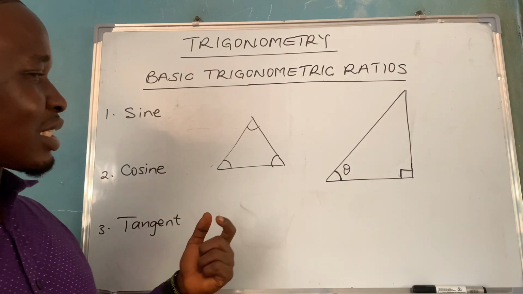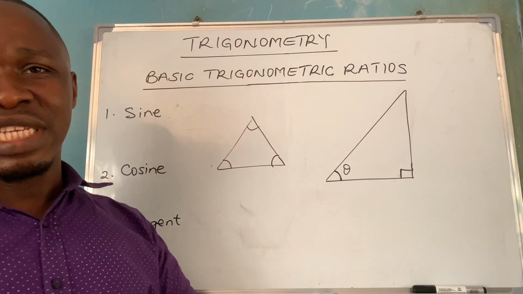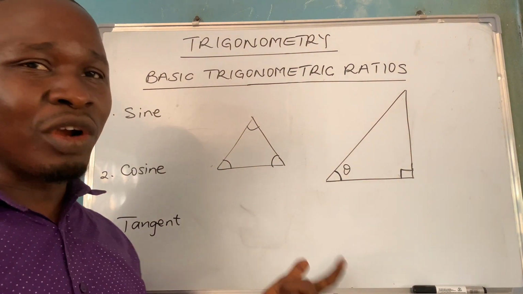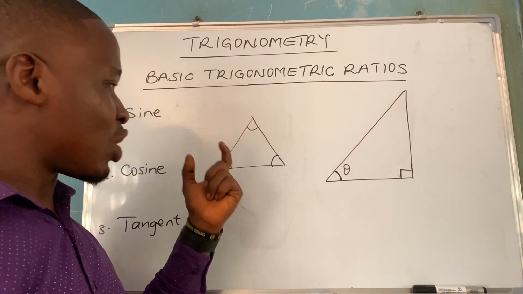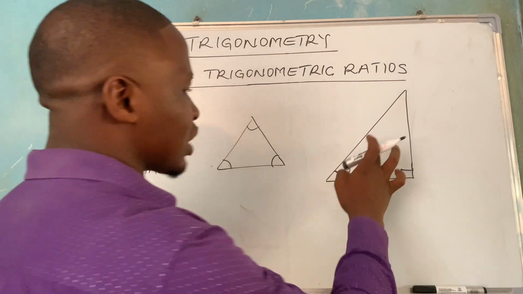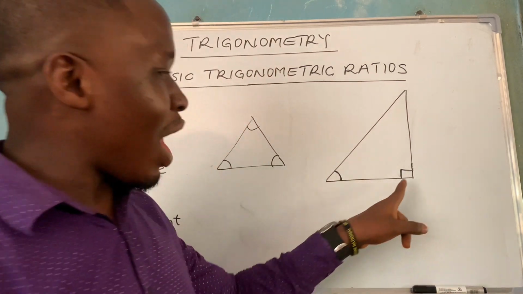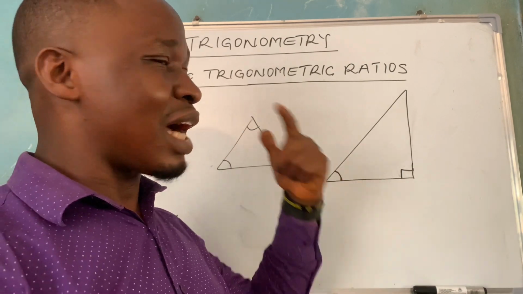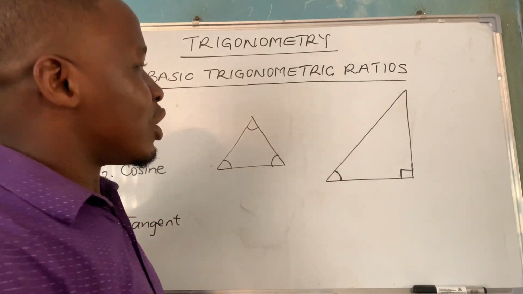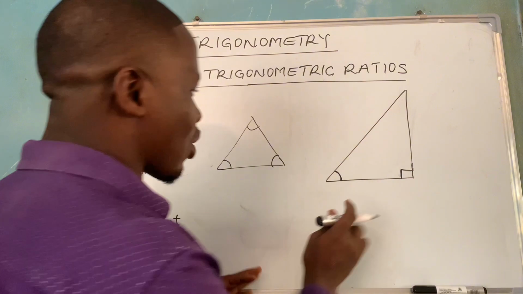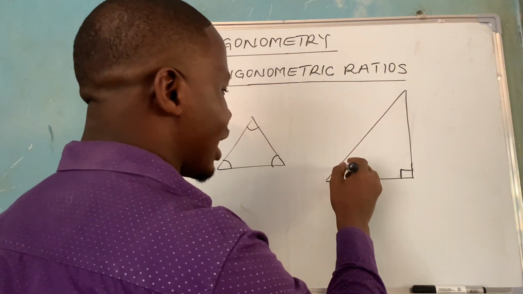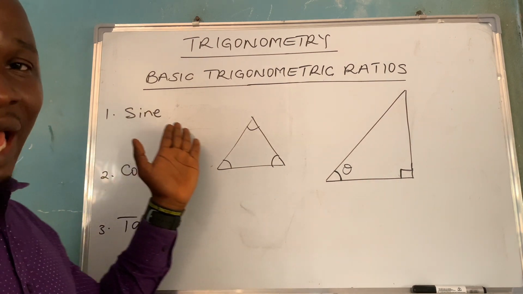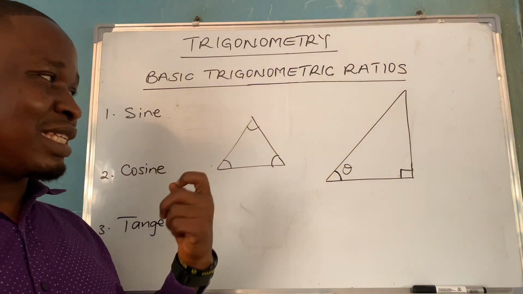So none of this triangle's interior angles is exactly 90 degrees. That makes it a non-right angle triangle. But for this triangle, one of its interior angles is exactly 90 degrees. That makes it a right angle triangle. So only with a right angle triangle and a given angle, let us say theta, do we have the right to define the sine, the cosine, and the tangent.